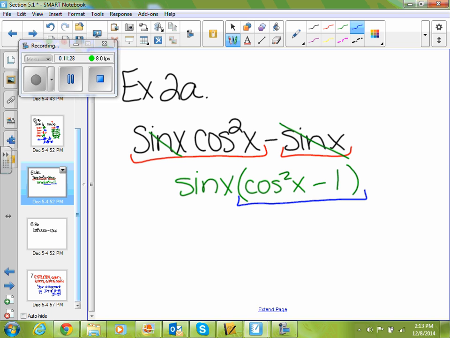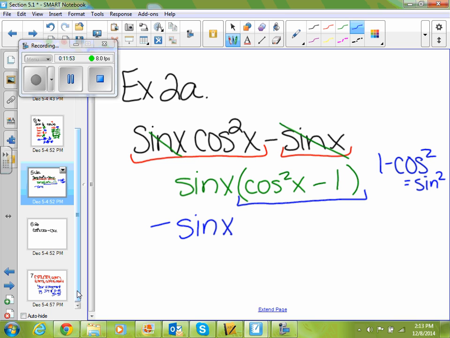Then in my parentheses, I have cosine squared minus 1, which I know is very similar to 1 minus cosine squared, which is one of my Pythagorean identities. 1 minus cosine squared is equal to sine squared. But it's not exactly the same, so in order to flip those terms, I'm going to factor out a negative. So I factor out a negative sine of x.